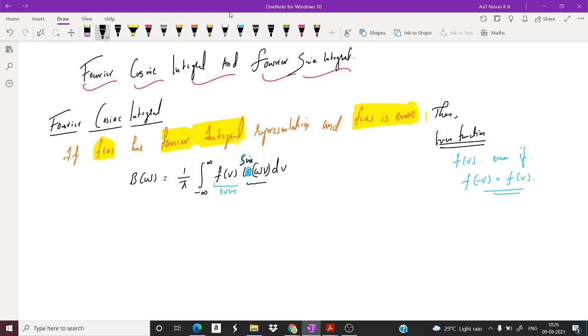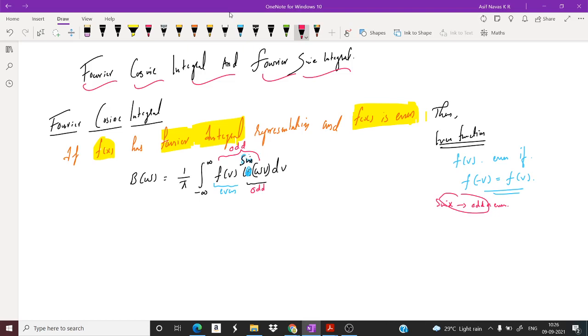What about sin omega v? Is it an even function or an odd function? Odd. So this is an odd function. Now it's a product of an even and an odd function. Is the product of an even and an odd function odd or even? Odd. So in total f of v into sin omega v is an odd function.